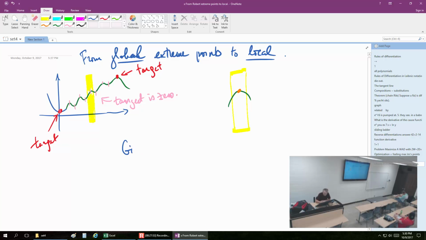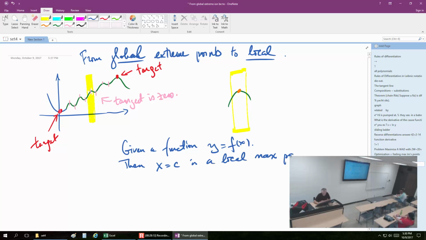So given a function again, y equals f of x, then x equals c is a local maximum point of f if there is a restriction from its whole domain to a small interval containing c.